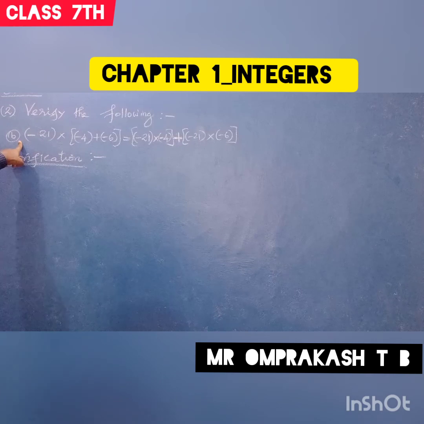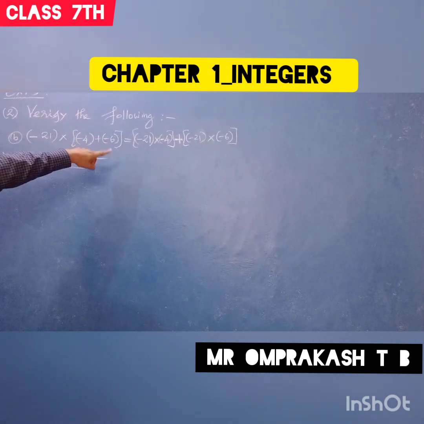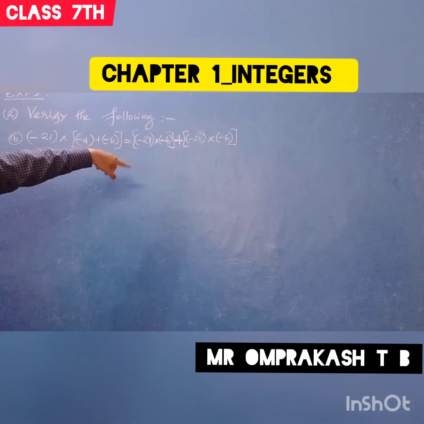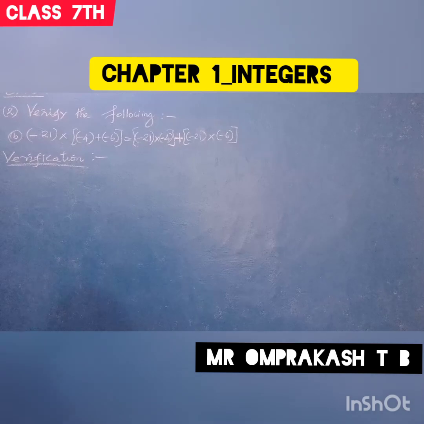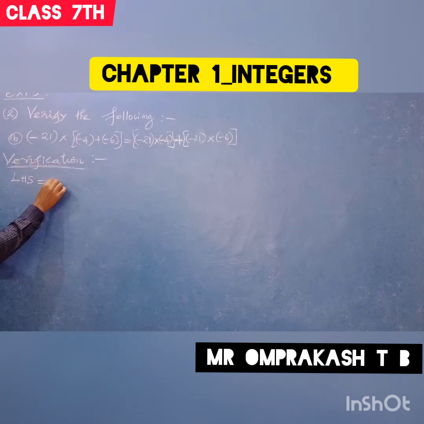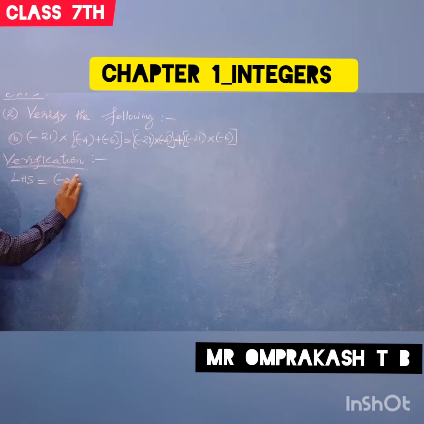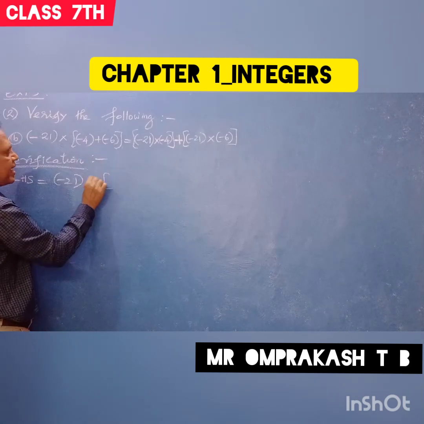Now the second problem, verify the following. In subdivision B you see minus 21 into (minus 4 plus minus 6) equals minus 21 into minus 4 plus minus 21 into minus 6. Now you see, first take the left hand side. Always take the left hand side first. What is there on the left hand side? First step, write it as it is.